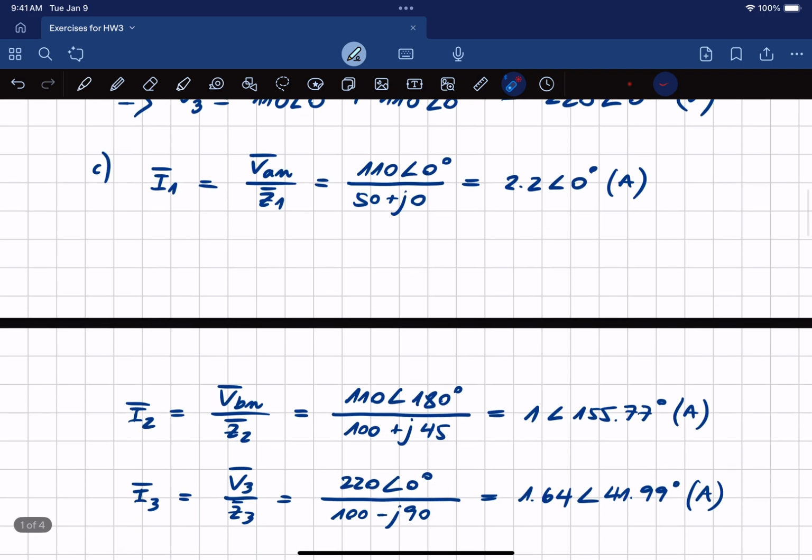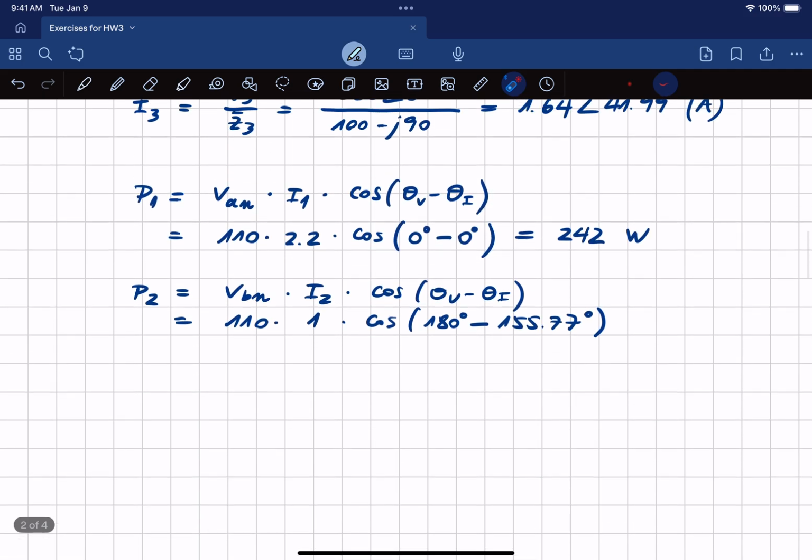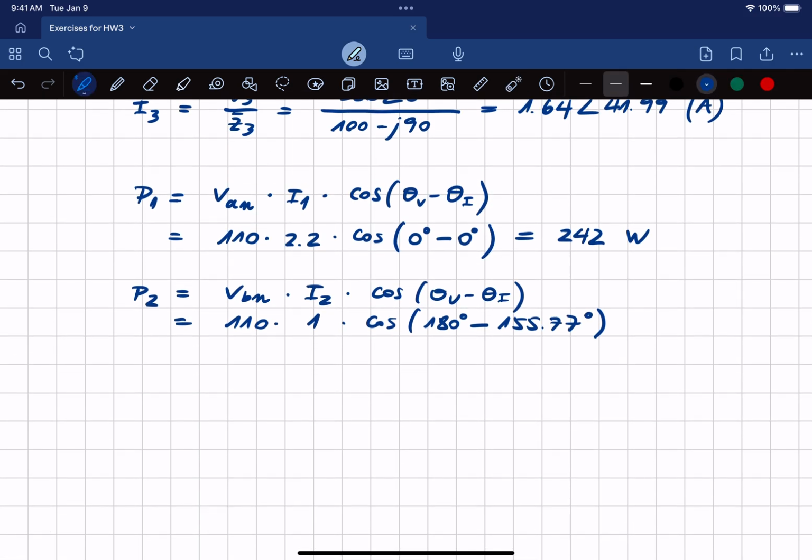If you're solving this problem and you're defining the current this way, you should get to the same conclusion. So now we calculate this, and this should give you 100.3 watts.